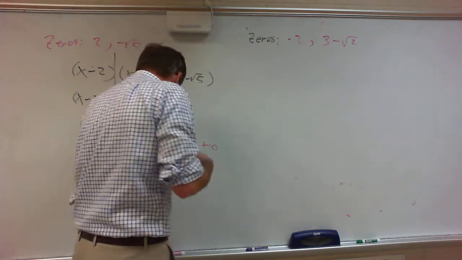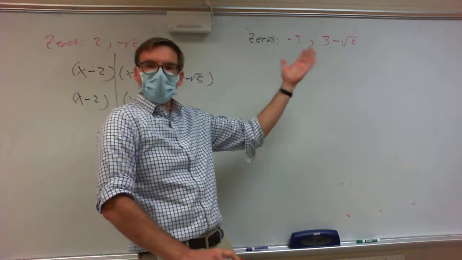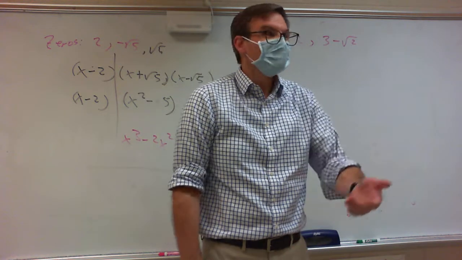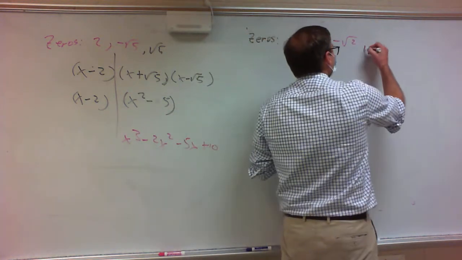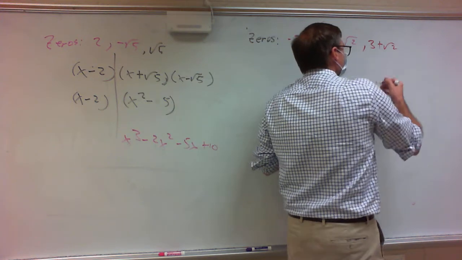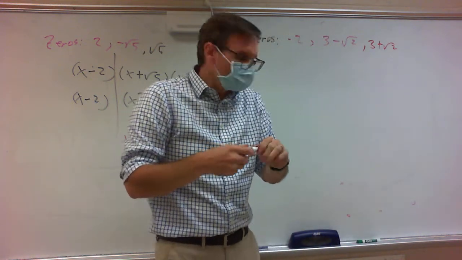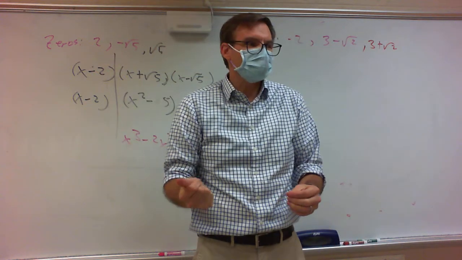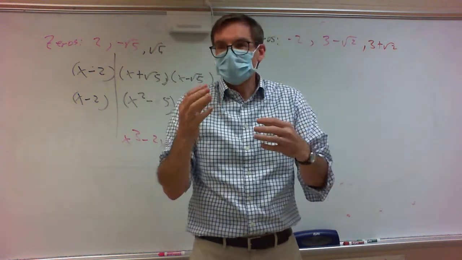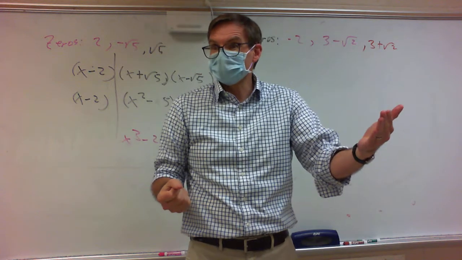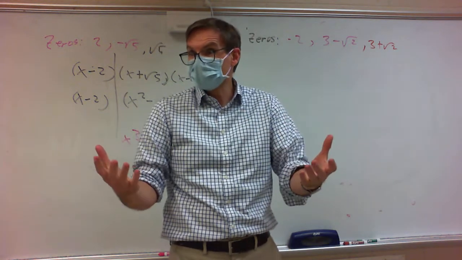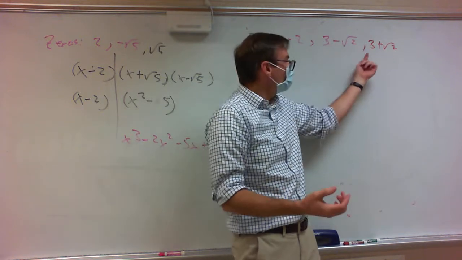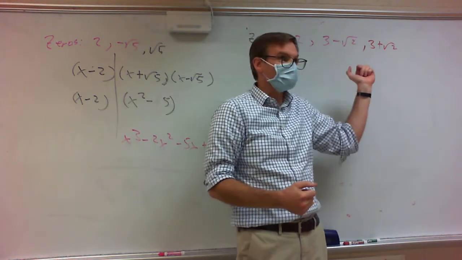So, if 3 minus the square root of 2 is a 0, what do you think is going to be a 0? 3 plus the square root of 2. And remember, like on your homework, whenever you use the quadratic formula, you could get an answer that's 3 plus or minus the square root of 2, because that's what happens when you use the quadratic formula. So these square roots always come in pairs. See, I have the 3 plus the square root of 2 and the 3 minus the square root of 2.